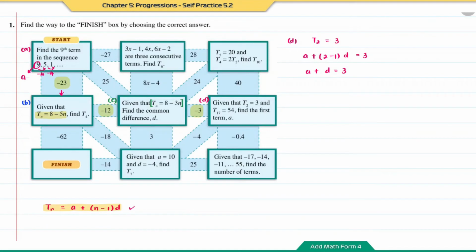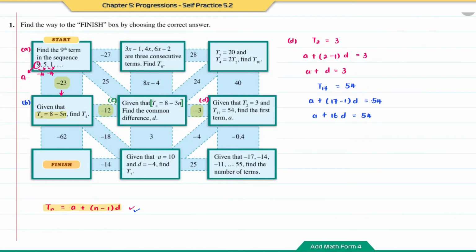The second piece of information is the 17th term, which is equal to 54. Now again, using this formula, A plus 17 minus 1 D gives you the answer of 54. So here A plus 16D equals 54.